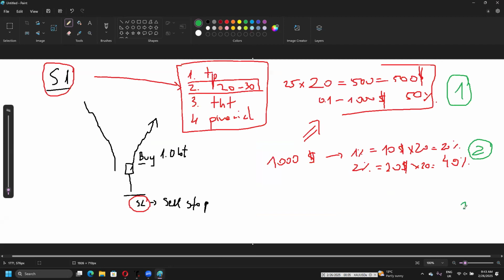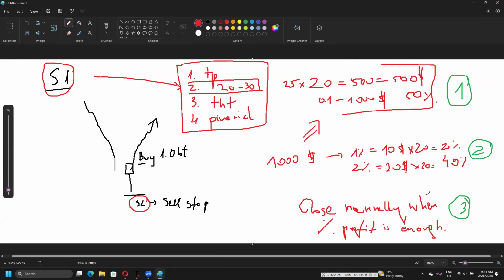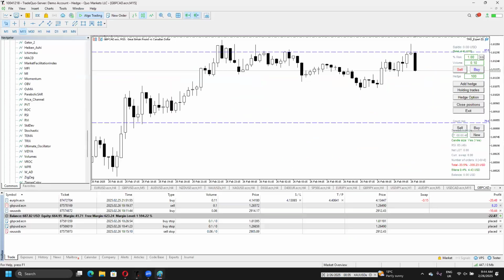There is an additional option number 3, to close manually when the percentage profit is enough. Another thing to write down in your business plan, to follow, to test it.